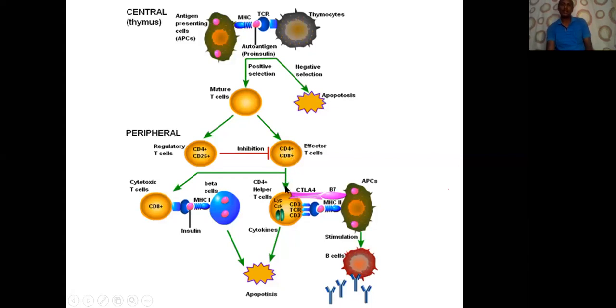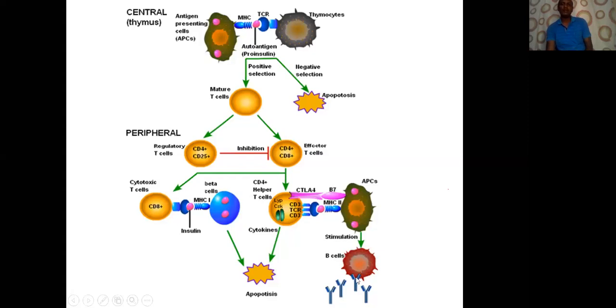So they can present again, with the insulin coming from the beta cells or with the proinsulin. Once you have the proinsulin or insulin as antigen, this causes the stimulation of B cells, that is antibodies, and these antibodies will go and try to destroy the beta cells of Langerhans.